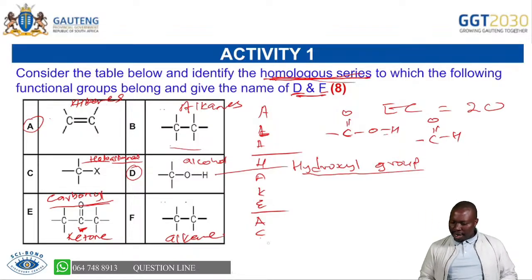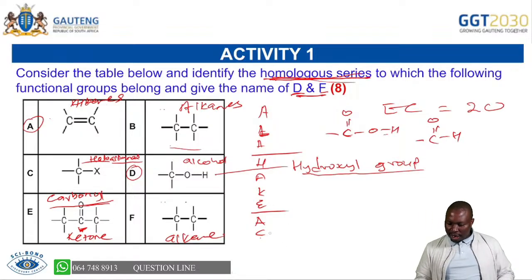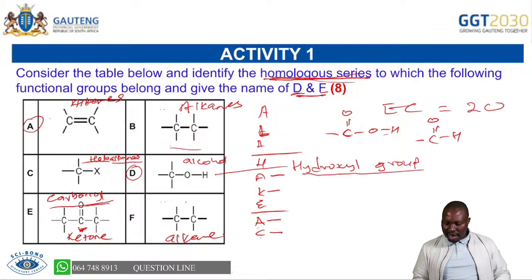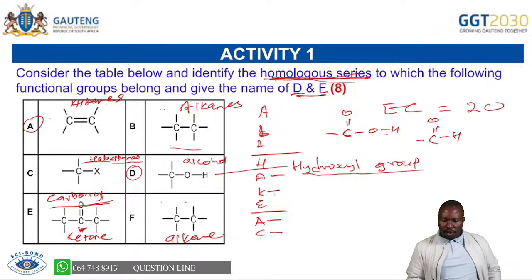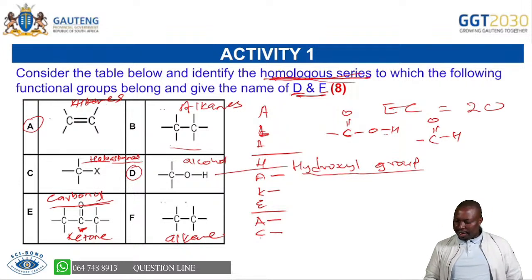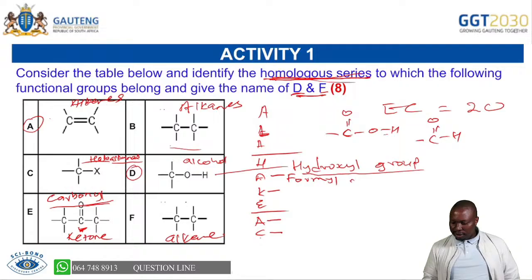Of the last 5, you can see it's only the ester that we don't name. We name the aldehyde, we said it's formyl.